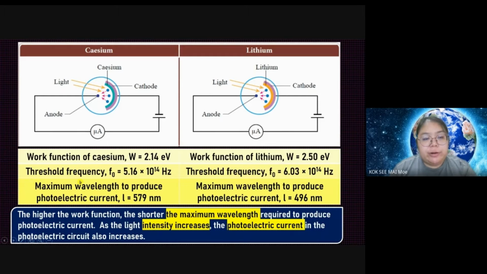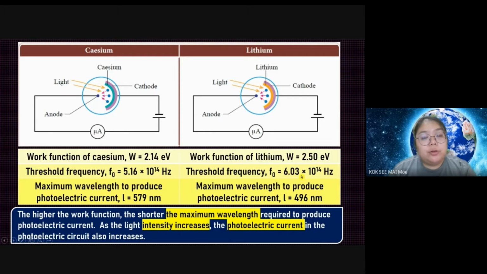Let's see the threshold frequency. When the work function increases, the threshold frequency continues to increase. For calcium, the threshold frequency is 5.16 times 10 to the power of 14 hertz, so you need to overcome this frequency. For lithium, a bit higher, 6.03.